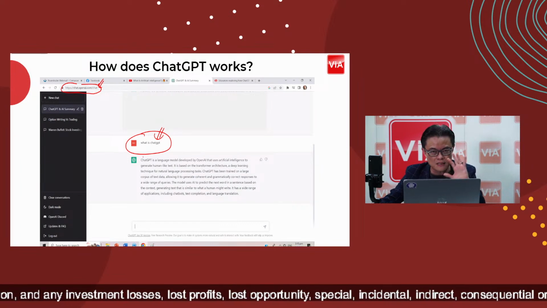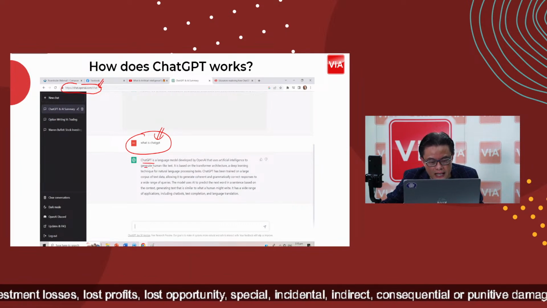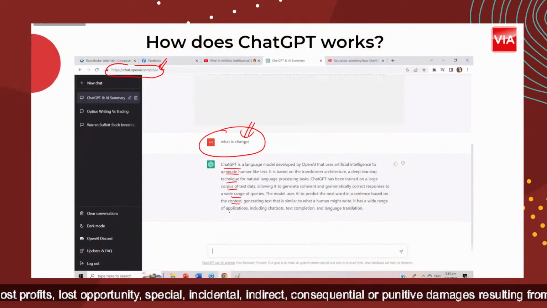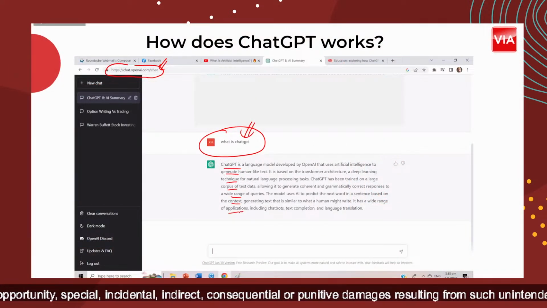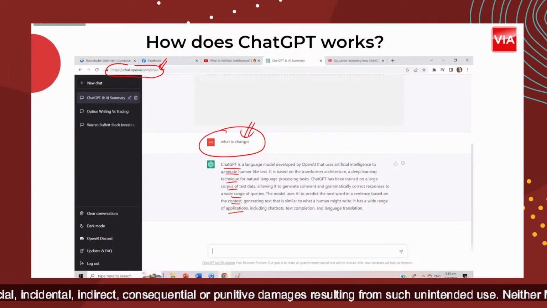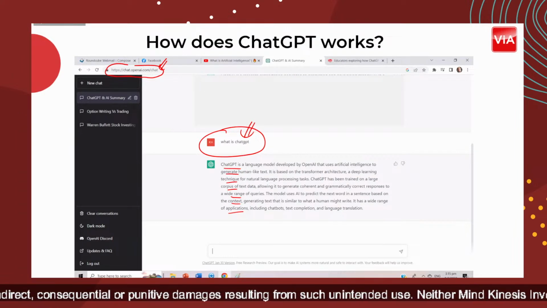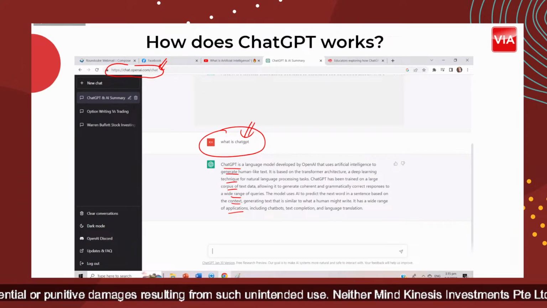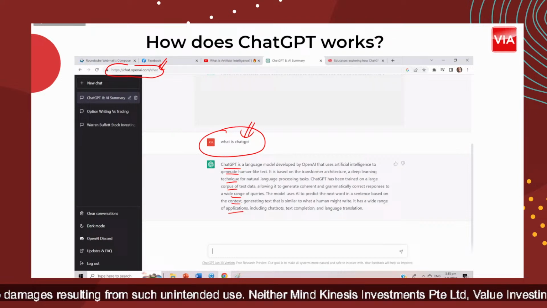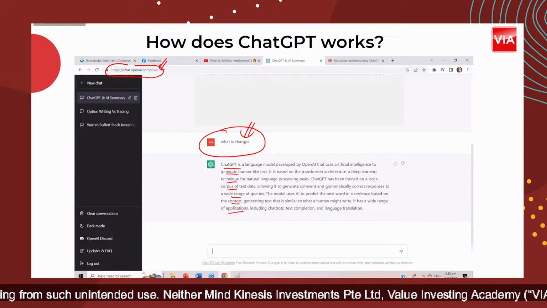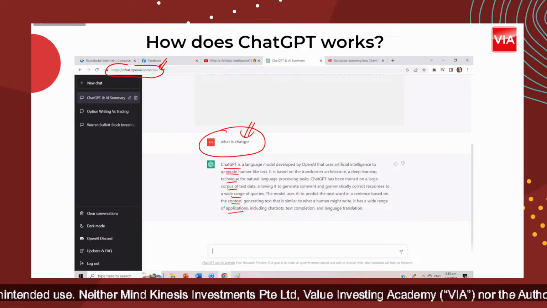It takes a couple of seconds and produces line by line answers. I don't have to check through all the results. It just produces one paragraph. I'm assuming at the back end they draw from different sources and present an answer as though a human is replying, but it's actually a machine. This is how it works.